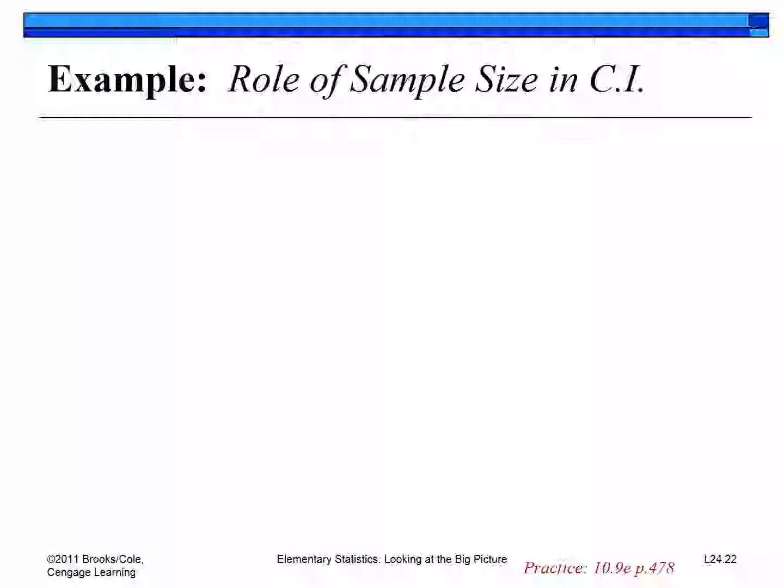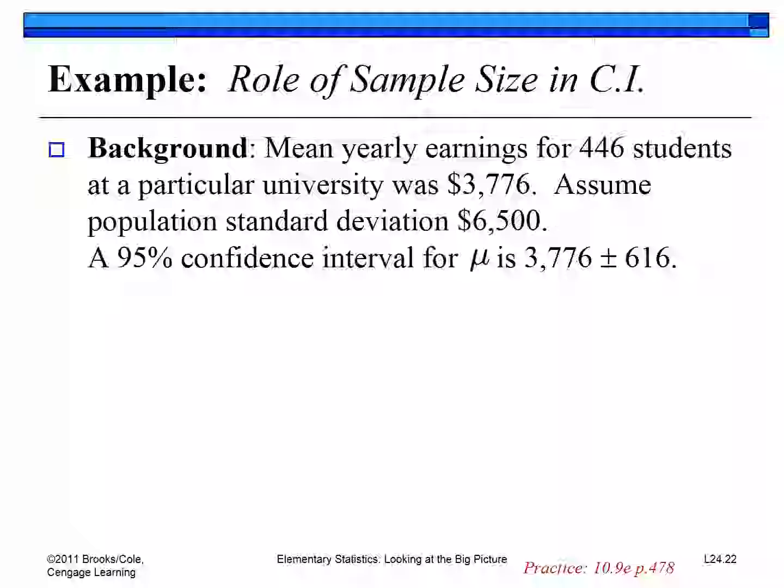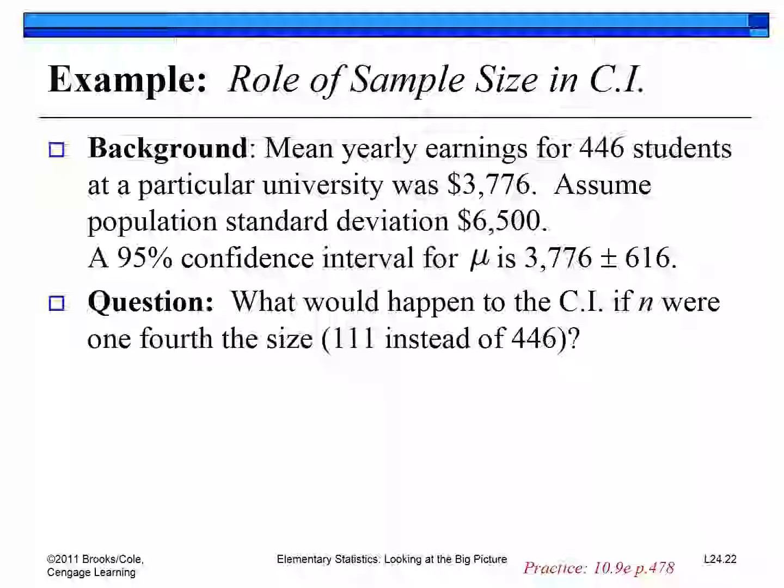Let's look at how sample size affects our confidence interval. Remember that for our yearly earnings, our 95% confidence interval was $3,776 plus or minus 616. What would happen to the confidence interval if we reduce n by a factor of 4? Say we reduce it to 111 instead of 446.